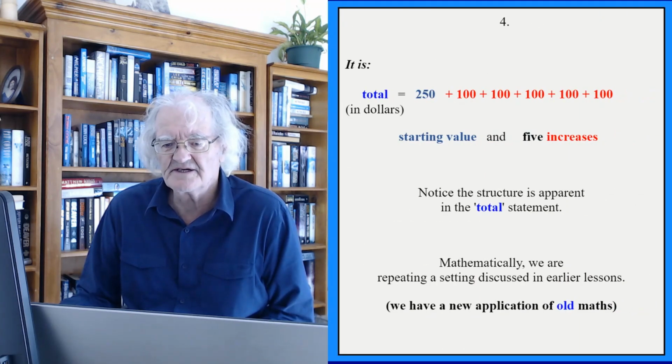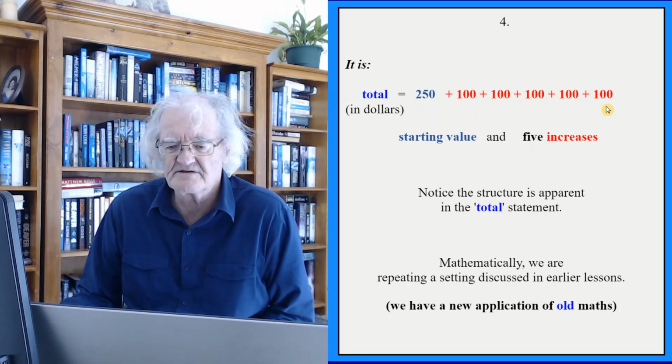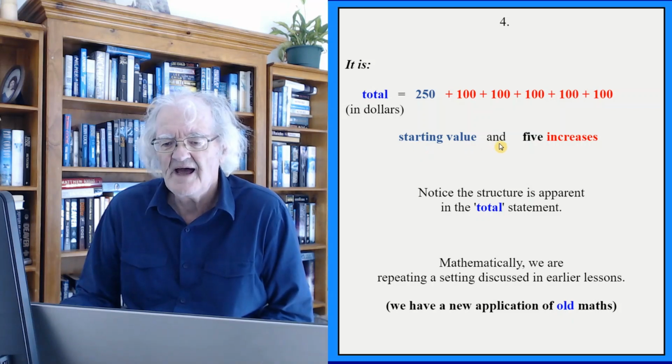The calculation is shown below. The total cost in dollars is $250 plus the $100 for each section. 10 metres, 5 sections. So this equation represents a total made up of a starting value and 5 increases.